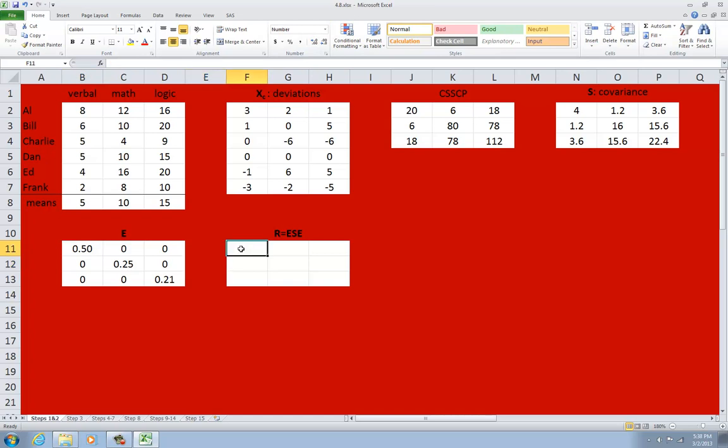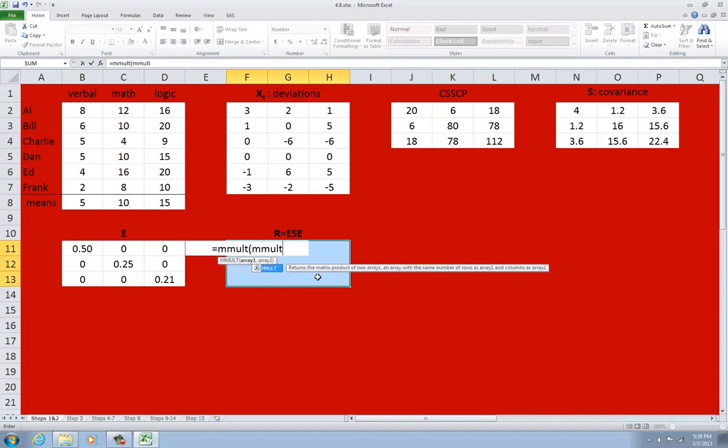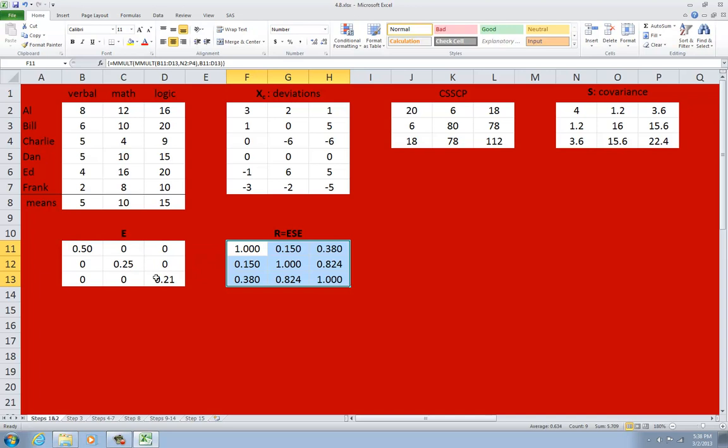So the next step would be to do matrix multiplication, and we're going to need to do this 2 times. So we'll take E times S times E again. And there you go, we have our correlation matrix to finish up step 2 here.